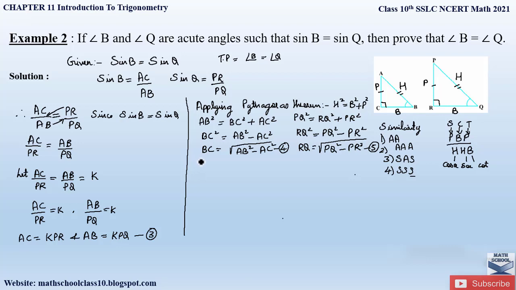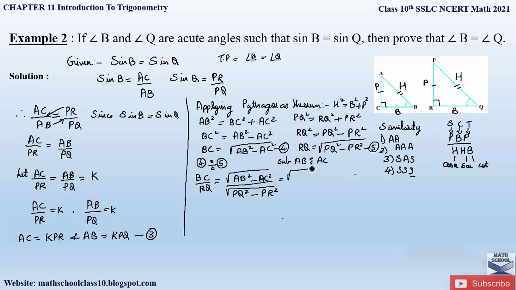So dividing 4 by 5, we will get BC by RQ is equal to square root of AB square minus AC square divided by square root of PQ square minus PR square. Now from equation 3 we know the value of AC and AB. So let us substitute here.